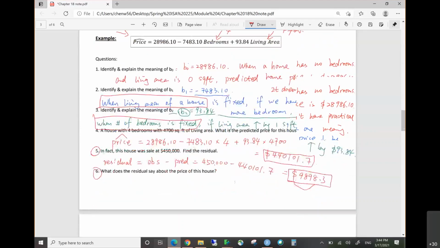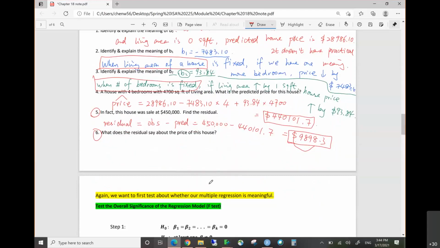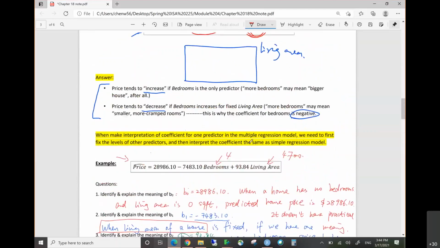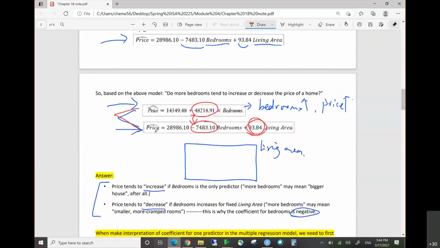All right. So all of this is based on when our regression is done by JMP, when our regression is meaningful.